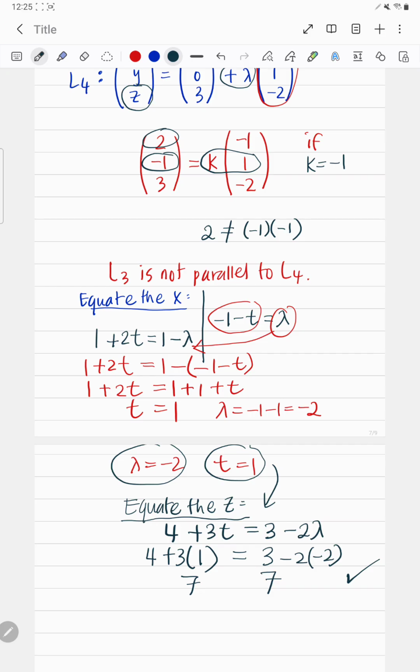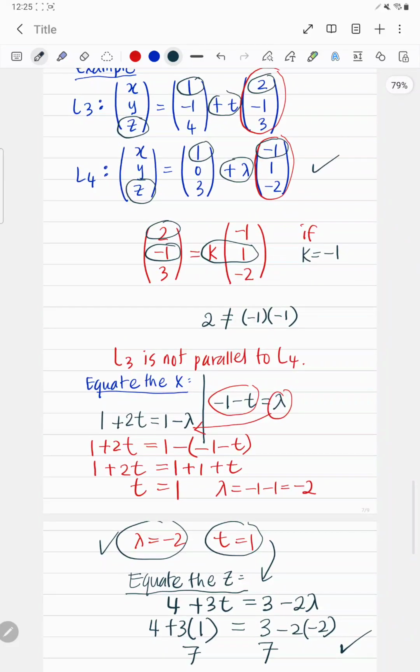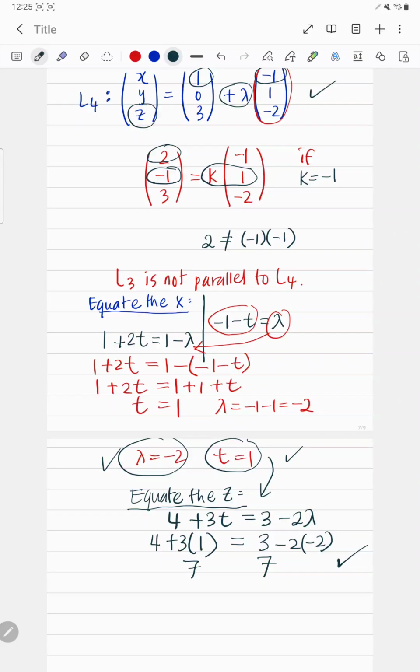And that common point, you can either use lambda, put it back into line 4, you will get the point, or you can plug in t equals 1 into line 3, you will get the same point as well. So let's plug in lambda equals minus 2 into line 4.